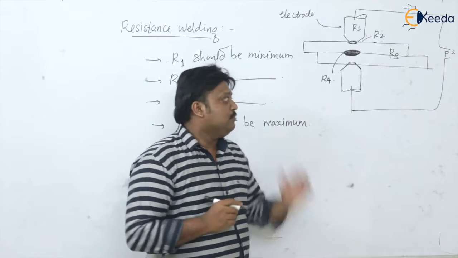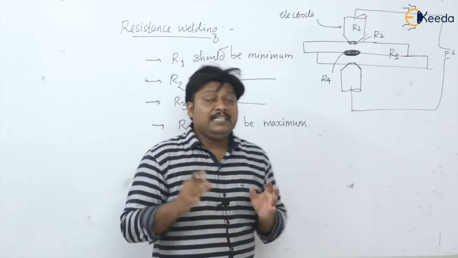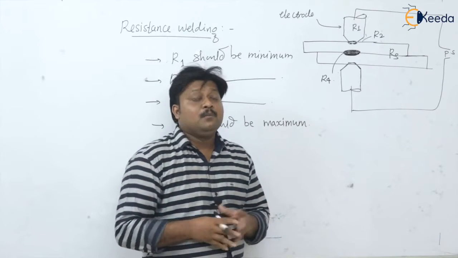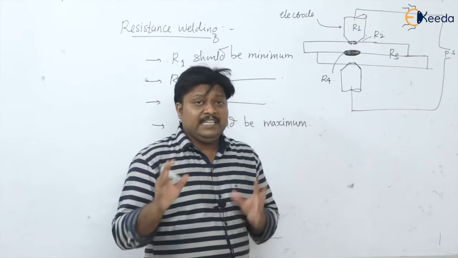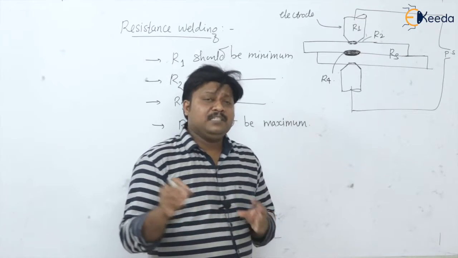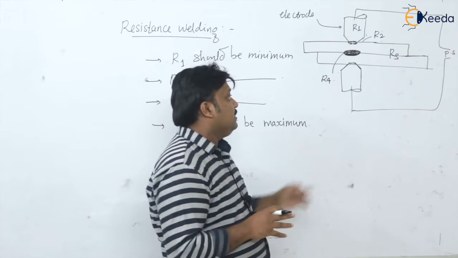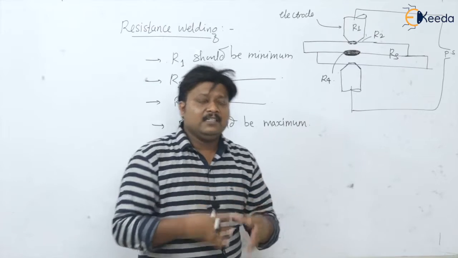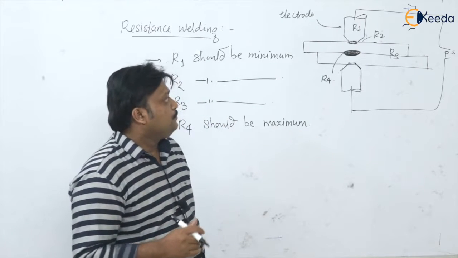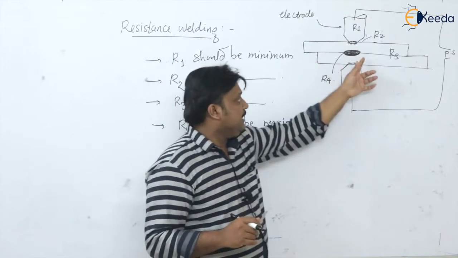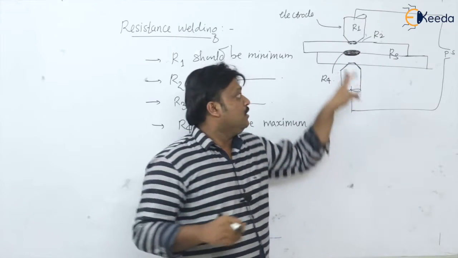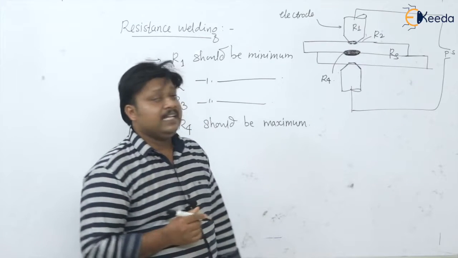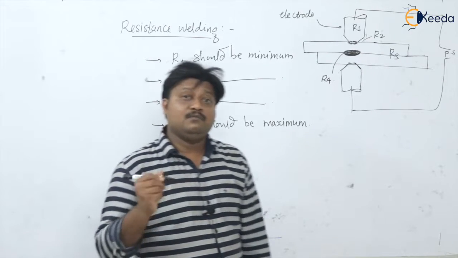Please remember that R4 can be increased by some rubbing of the surfaces, but at the same time if any dust or contamination particles are there, they get into the weld, and that is not allowed. So we can only have proper cleaning as well as some rubbing of the plates at the interface, so that we can increase R4.